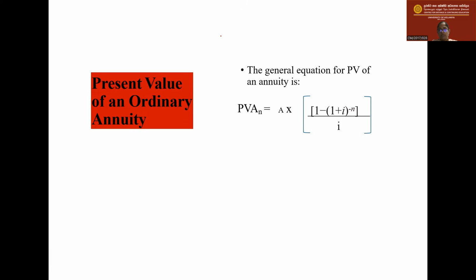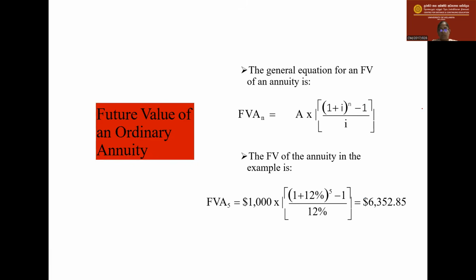Therefore, what would be the present value of an ordinary annuity formula? A multiplied by 1 minus 1 plus i to the power of minus n, the whole divided by i. When it comes to the future value, there are no negative signs in the equation, just A multiplied by 1 plus i to the power of n minus 1, the whole divided by i.